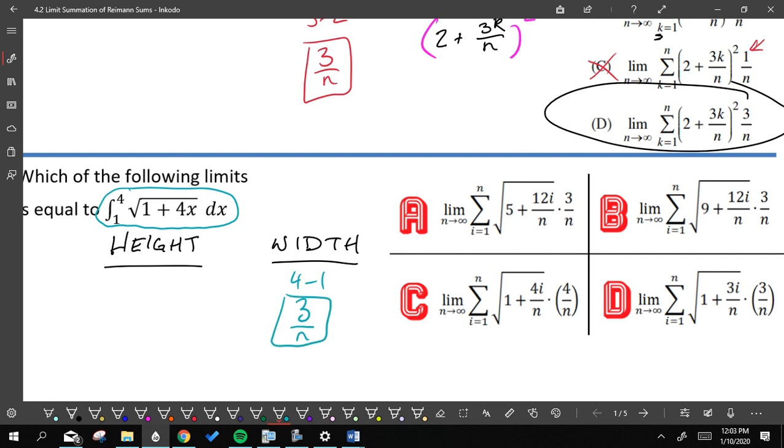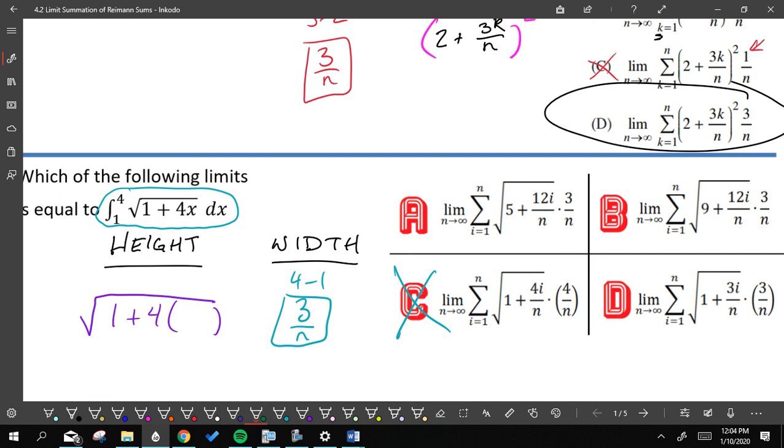Then we're doing height. And to me, the key to this is thinking, what was my original function? Well, my original function was 1 plus 4x. And I'm going to plug in my x value for x. To get that x value, I need my lower bound plus my width. So what's my lower bound starting with here? We're starting with 1. And then we're adding to that 3 over n with the letter I here.